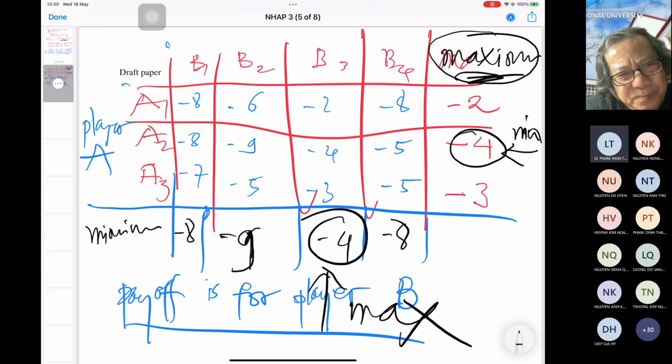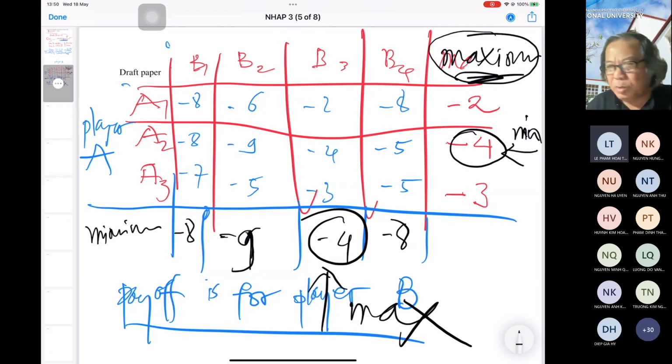The idea is for each of the rows, we find out the worst. And among all of the worst, you find out the best. So that is a pessimistic idea. We choose the best among the worst. And that is the key idea.